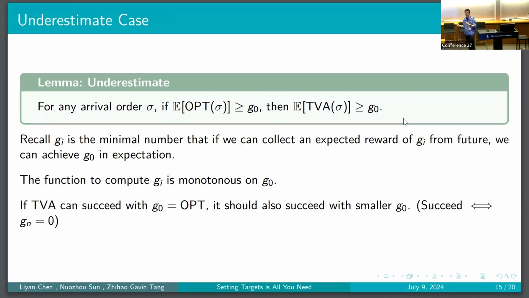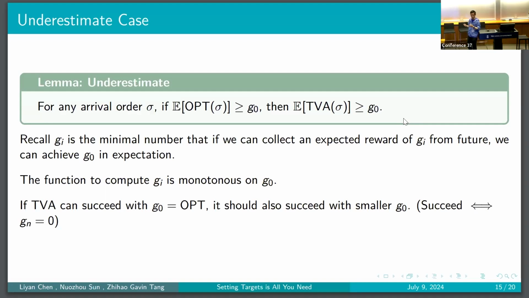And let me give you some intuition about why these two lemmas are correct. The first is about the underestimate case. Recall that GI is the minimal number such that if we can collect an expected reward of GI from the future, then we can achieve G0 in expectation. This definition basically implies that GI is monotonic in G0.